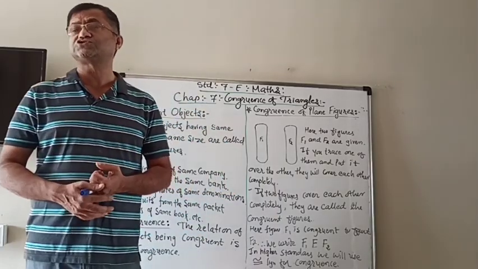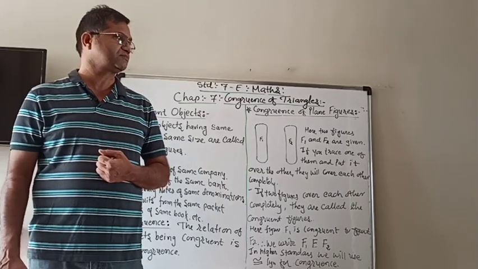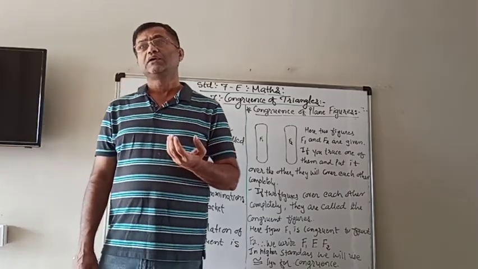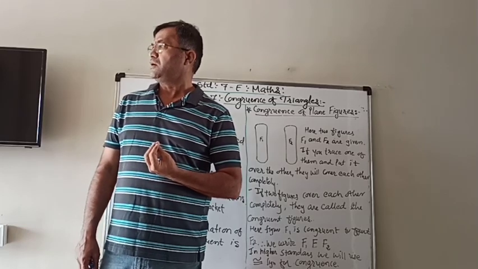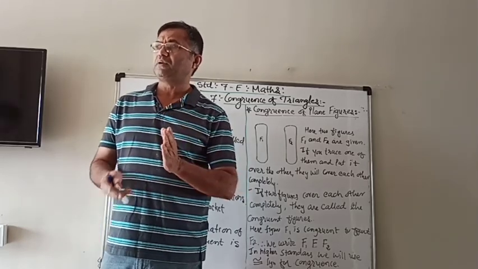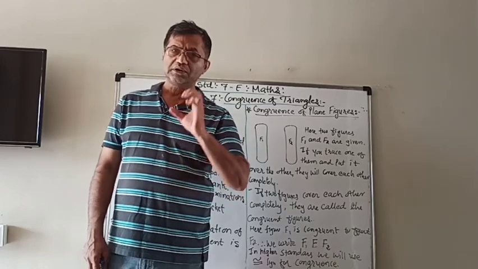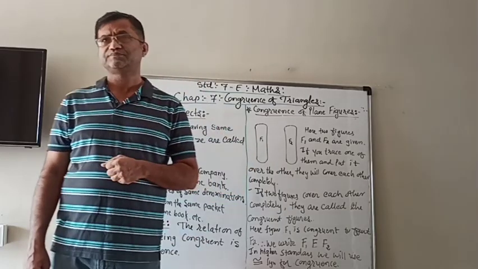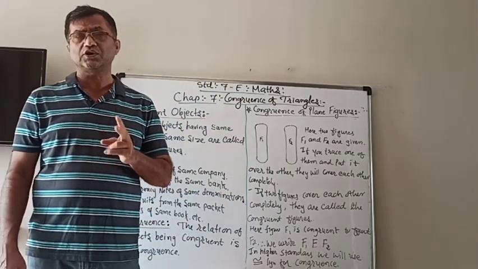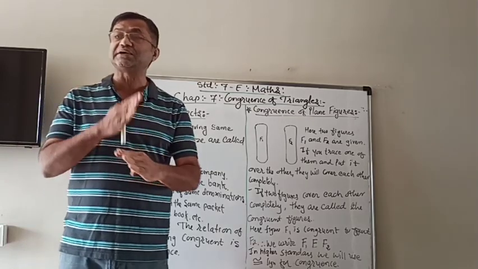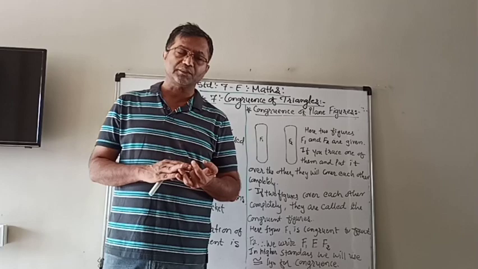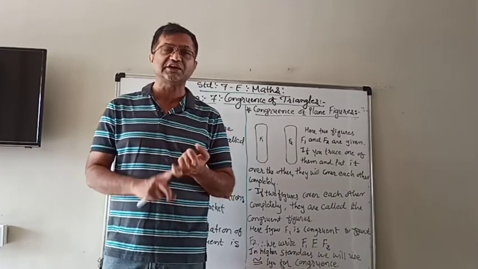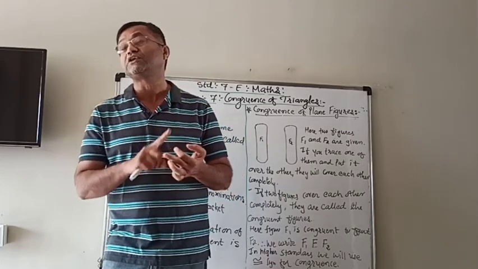Similarly, on your clothes also, sometimes printed clothes or anything like that. So when you cut them and cover them over each other, as I told you, they will completely cover each other. And therefore, these figures are said to be congruent figures.